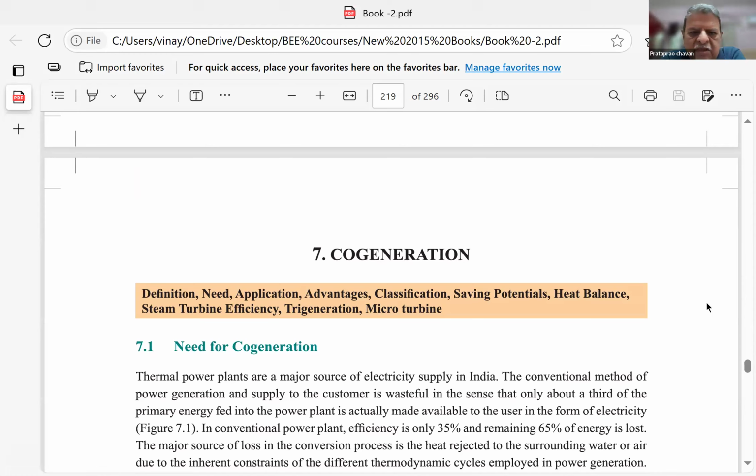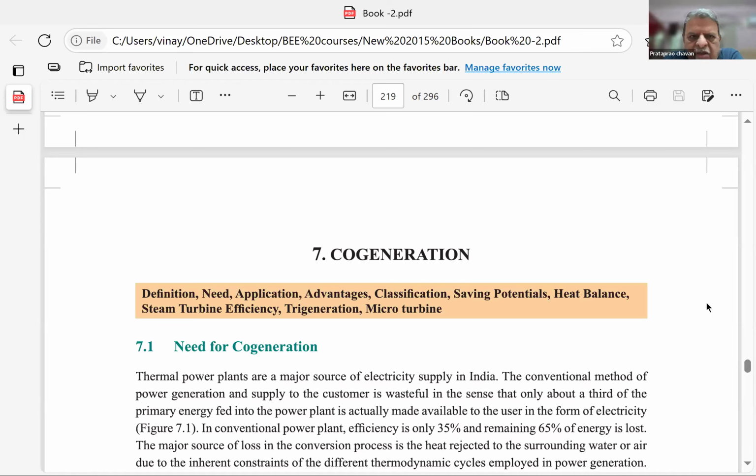And many times paper 4 gets one big problem, 20 marks or 10 marks, on this topic invariably. So we have to concentrate on the concepts and then practice problem solving, because many times the problems are based on cogeneration as they are based on boiler and turbine.